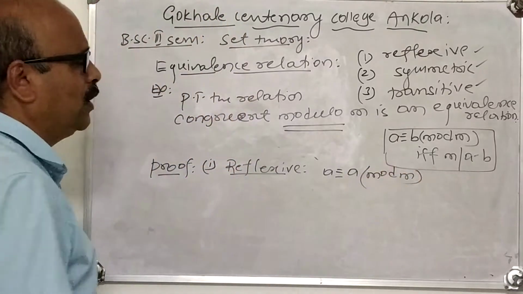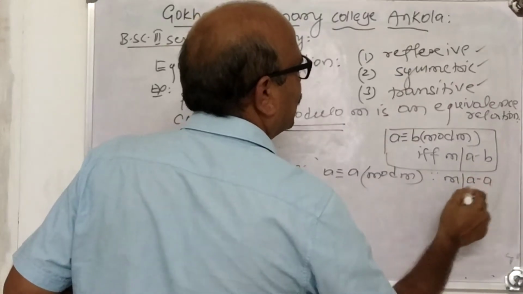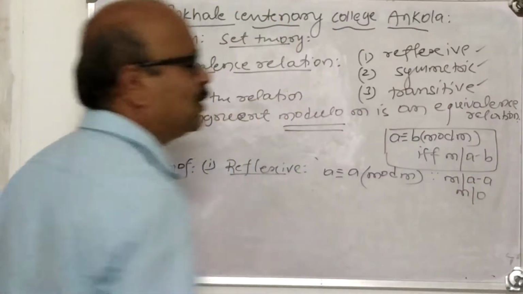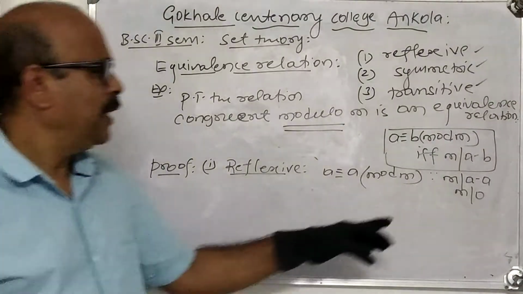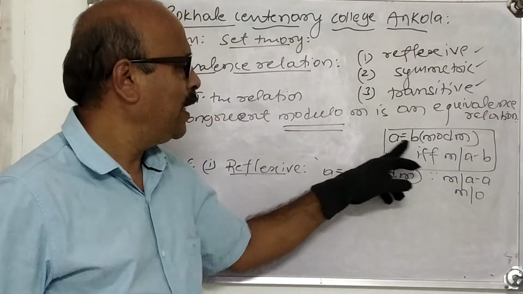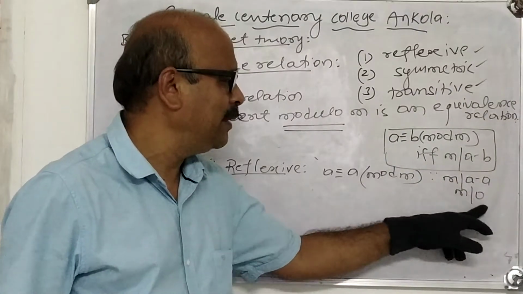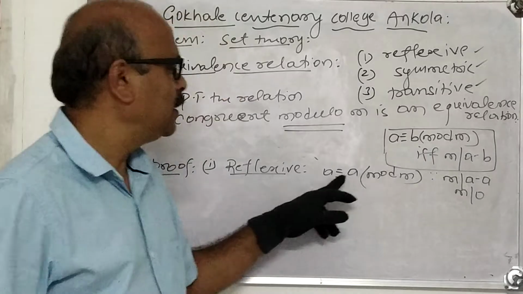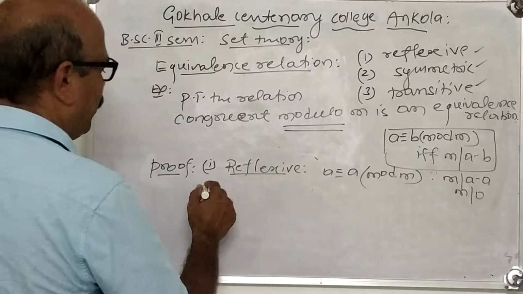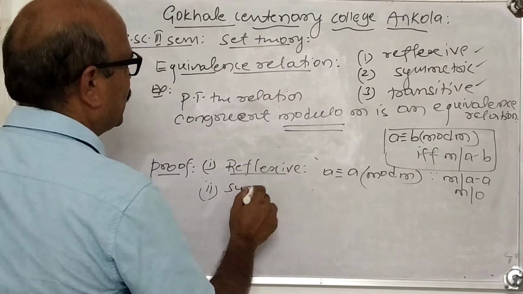Because m divides a minus a, that is, m divides 0 is true. Any integer divides 0. m is a non-zero integer here, and a and b are any two integers. Therefore m divides a minus a, that is m divides 0 is true. Hence a is congruent to a mod m. It is reflexive.